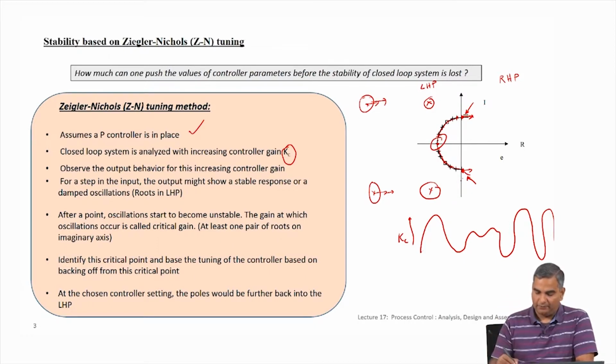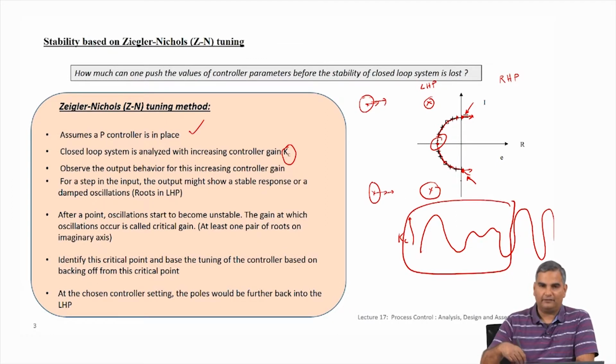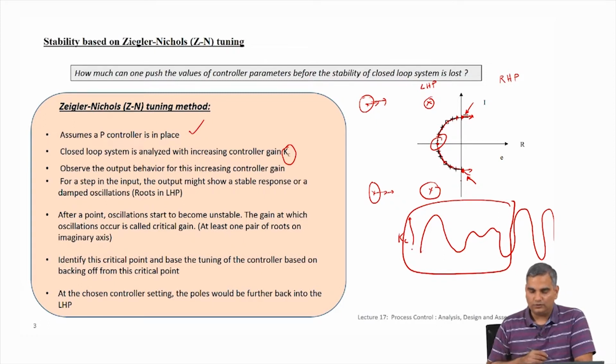So, I have an ultimate gain at which point the roots are on the imaginary axis, and the location where they are on the imaginary axis actually determines the sustained oscillations, right. And also you should remember that there will be some transient behavior before the sustained oscillation, because you might have other roots which might be here, might be here.